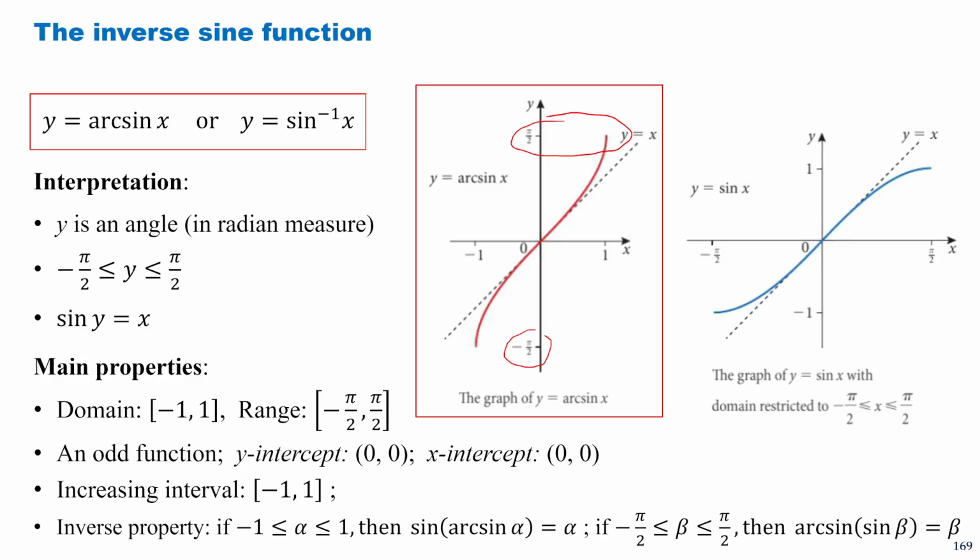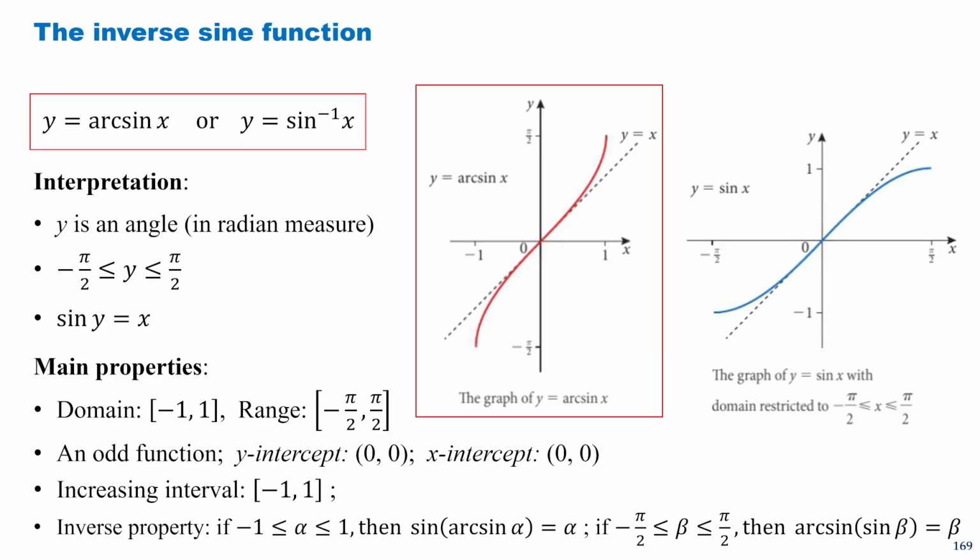Okay, so when you see this notation here, y equals arc sine, or y equals inverse sine of x, this means the following three things. First of all, y is an angle in radian measure, and this angle is in the interval between negative half pi and positive half pi, closed interval.